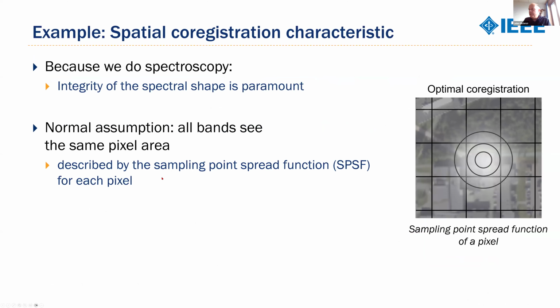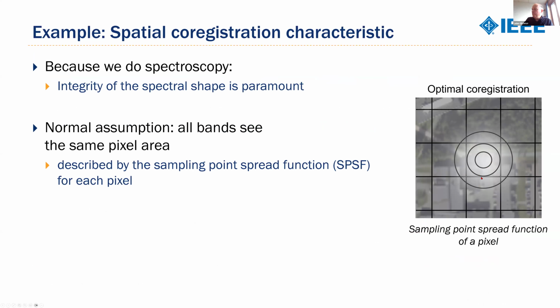Another example is co-registration of bands, where since we do spectroscopy, we care that in a given pixel, such as the center in the example here, this illustrates a contour map of the sensitivity distribution for that pixel.